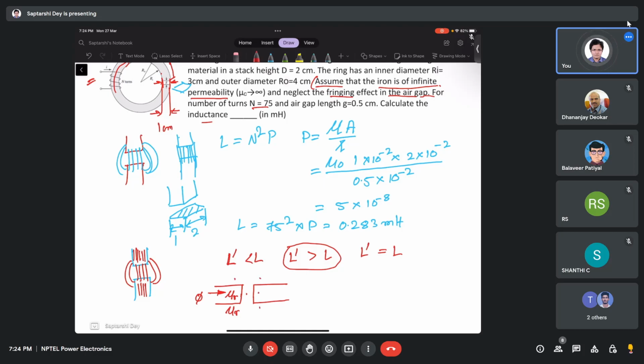That is all it understands. And it is just like a current. It will try to flow through the smallest resistance, smallest reluctance, which means highest permeance. Now you see, reluctance equals L by mu A.